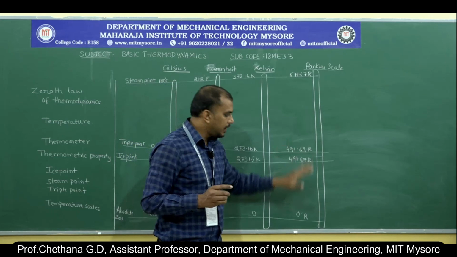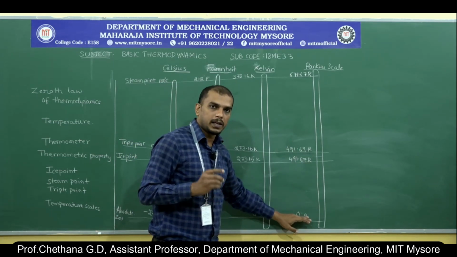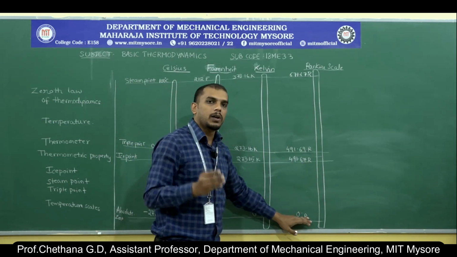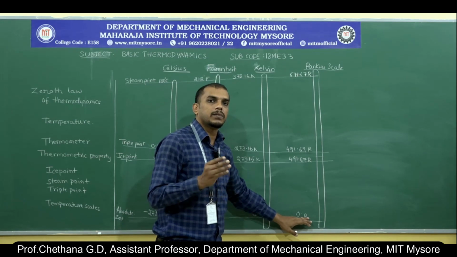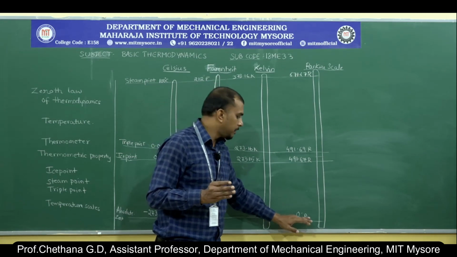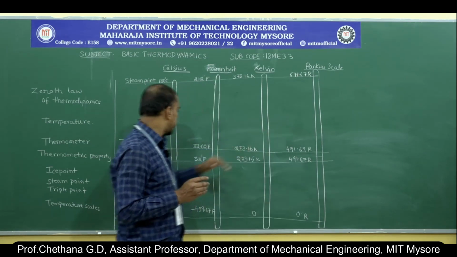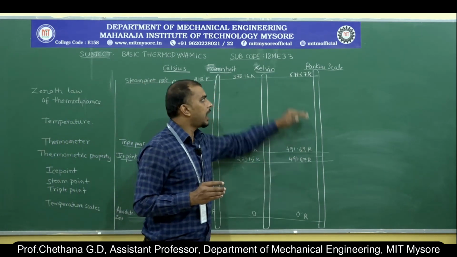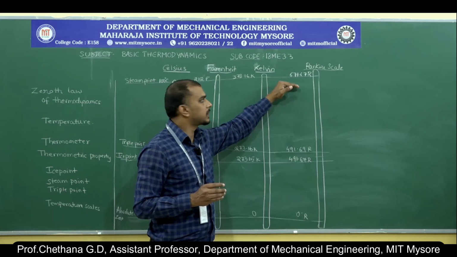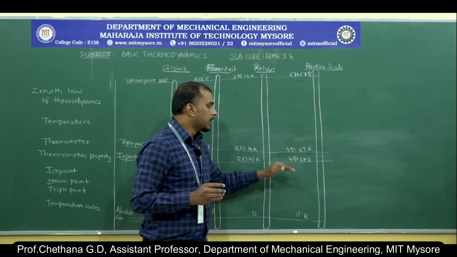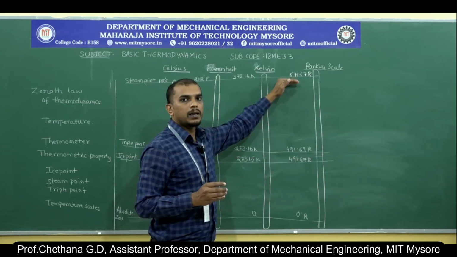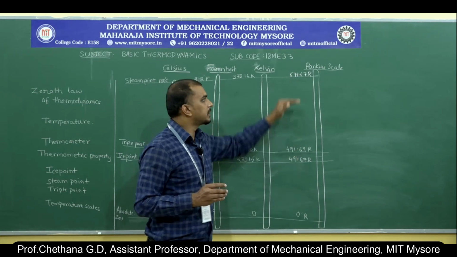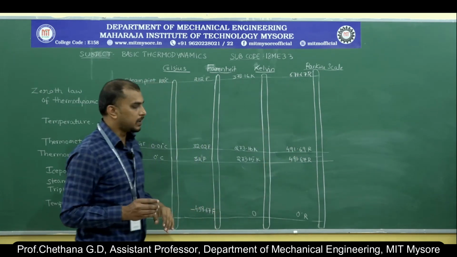On the Rankine scale, the absolute zero is the same, the temperature at which the kinetic energy of the molecule ceases. In Rankine scale, the ice point read 491.67 and steam point read 671.67. So here the number of divisions between ice point and steam point is 180 divisions.